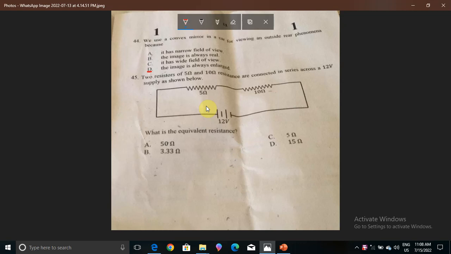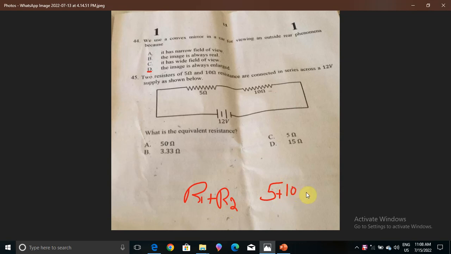We have here two resistances, but to find the total resistance in a series circuit, it will be R1 plus R2. So that means 5 plus 10 ohm is equal to 15 ohm. So the correct answer for question number 45 is D.